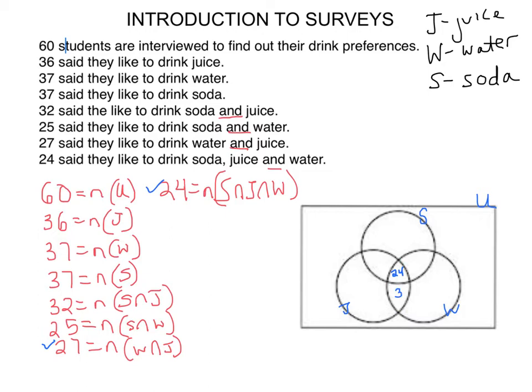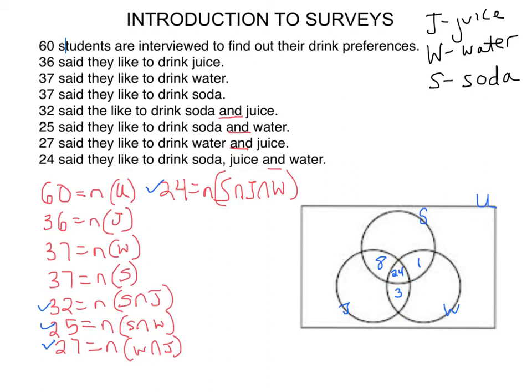Next, let's look at S intersect W. There are already 24 being accounted for, so if there are 25 altogether, that leaves me with just 1 in this region. Next, let's take a look at S intersect J. We already have 24 taken care of, which means of the 32, there are only 8 left.